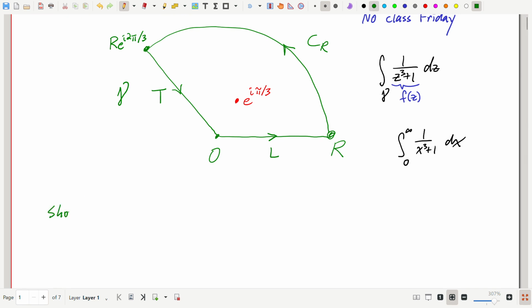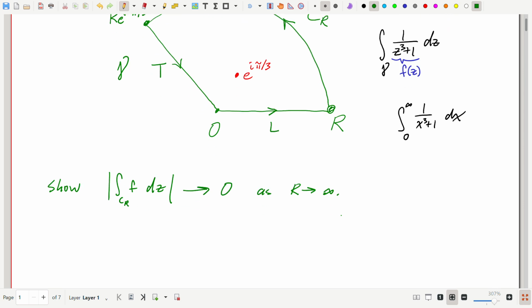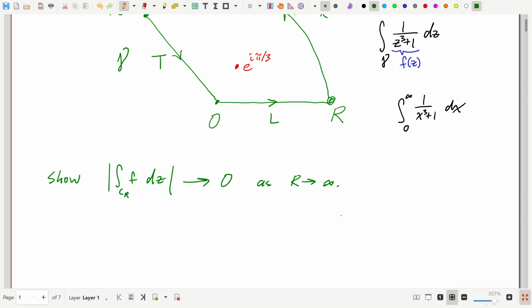So we want to show the integral along the circular part of f dz goes to 0 as r goes to infinity. And this is an easy enough function that you can just do it with your bare hands in the basic integral estimate.